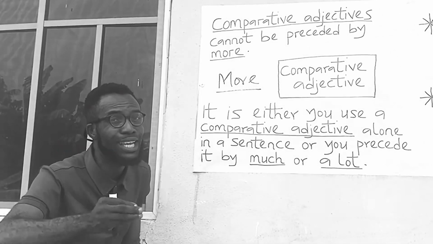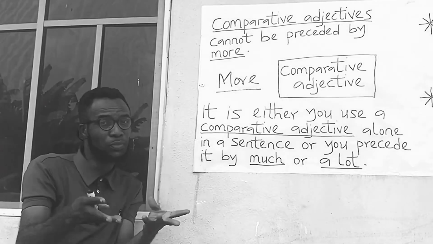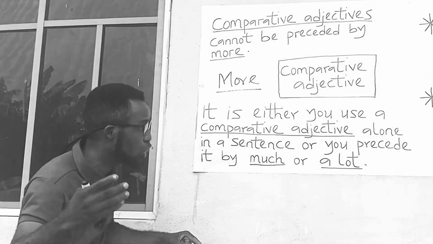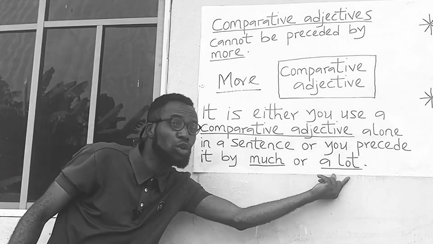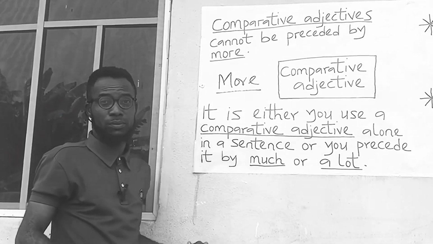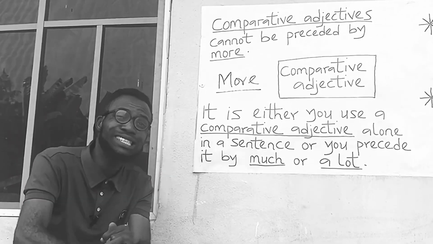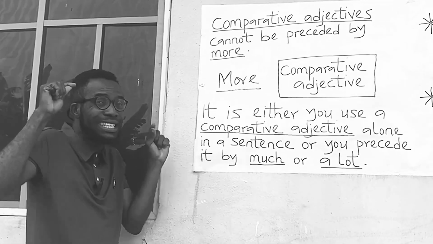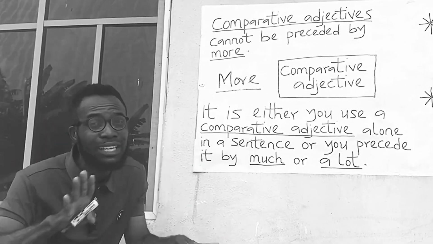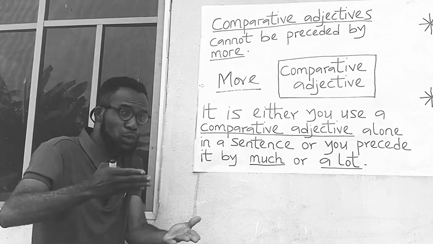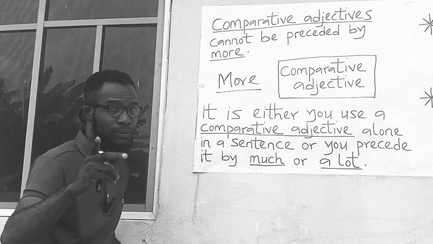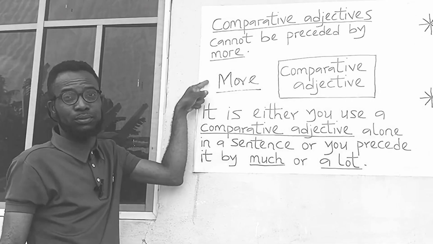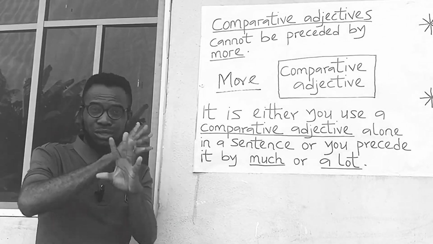If you must precede a comparative adjective by something, it shouldn't be more. Rather, it should be much or a lot. So, it is either you are using a comparative adjective alone, or if you must precede it by anything, it has to be much or a lot and not more. I believe that is understood.